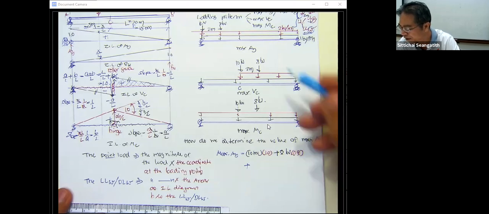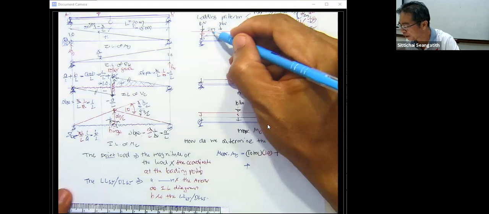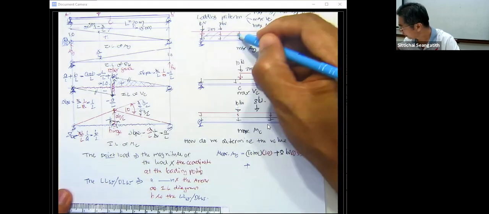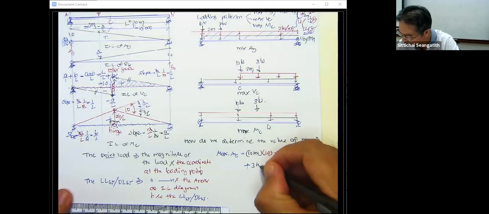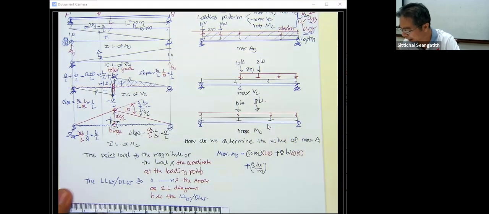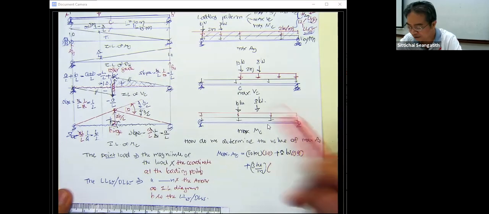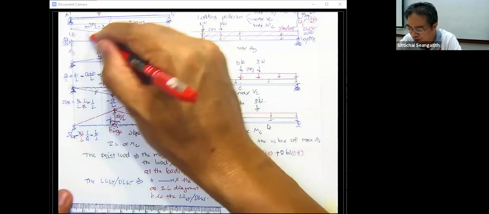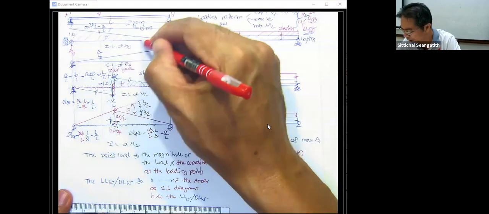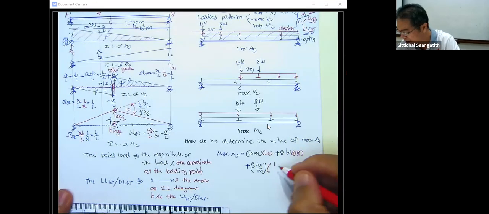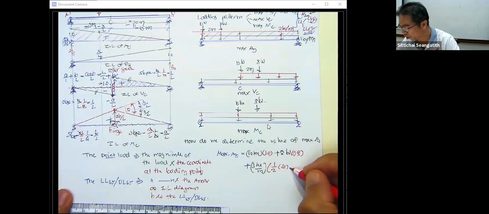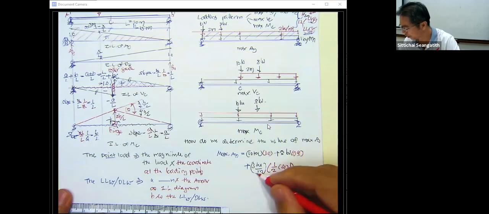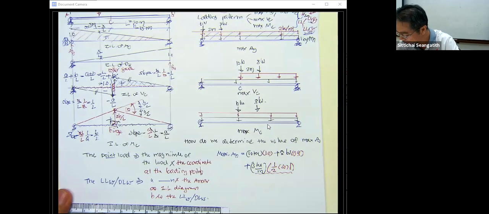The combination of them is going to be 3, right? So this is going to be plus 3 kilonewton per meter, and it's going to have the area. This area is over the whole beam. So this is going to be 1/2 of 20 meter and then times 1. So this is the contribution of the uniformly distributed load.